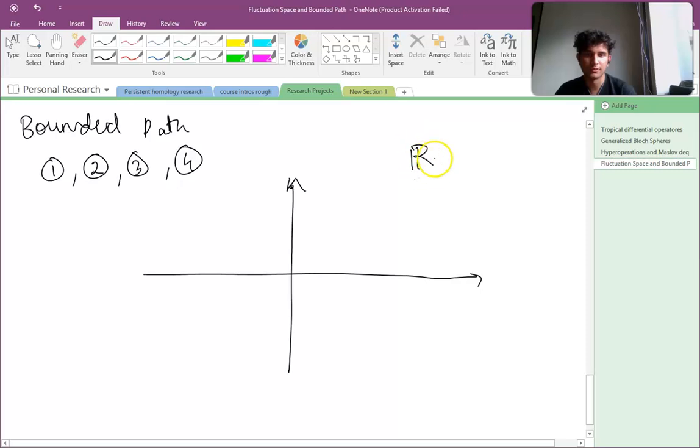It's going to be the R2 plane. I'm going to put my initial point at the origin, and I'm going to define 4 possible directions. We assign this one for 1, this one for 2, this one for 3, and this one for 4.